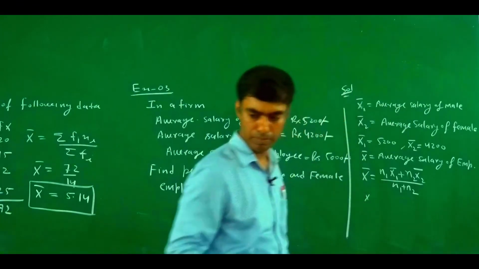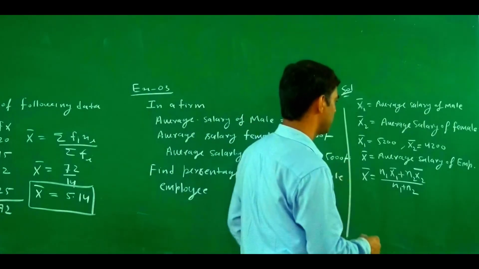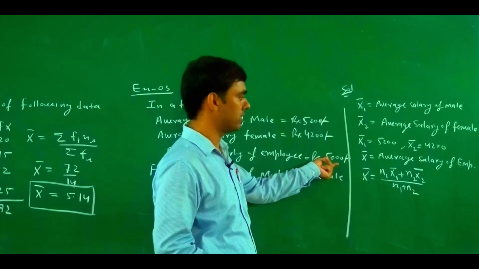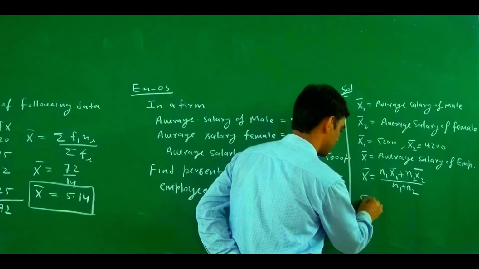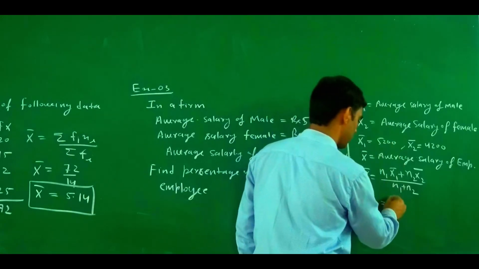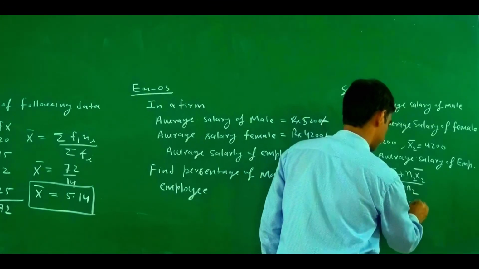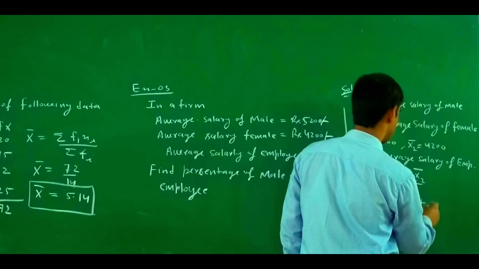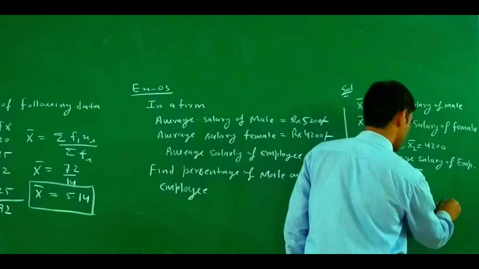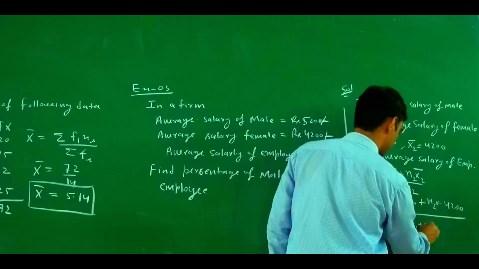Now here we put the values of x bar, x1 bar and x2 bar. The value of x bar, the average salary of an employee, is given as 5,000. So 5,000 equals n1 x1 bar, which is 5200 n1, plus n2 x2 bar, which is 4200 n2, divided by n1 plus n2.